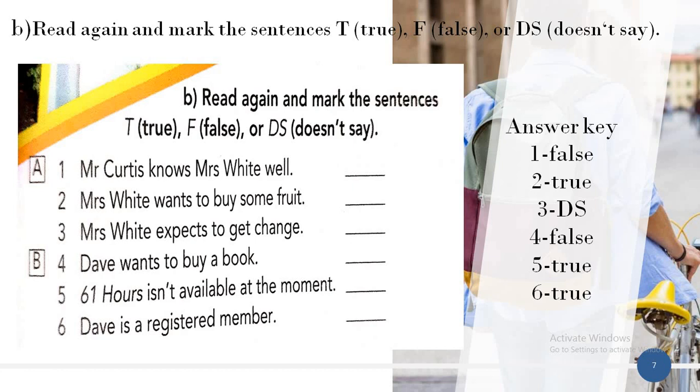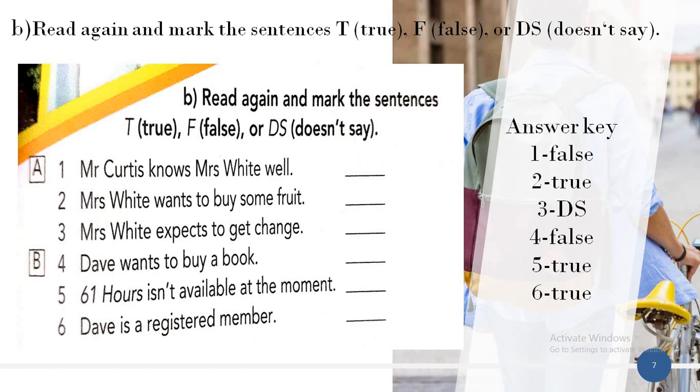Doesn't say. 4. False. Good. Dave wants to buy a book. False. He doesn't want to buy a book. 5. 61 Hours isn't available at the moment. True. And the last one, Dave is a registered member. True. Make sure you write down the answers in your students' book, please.